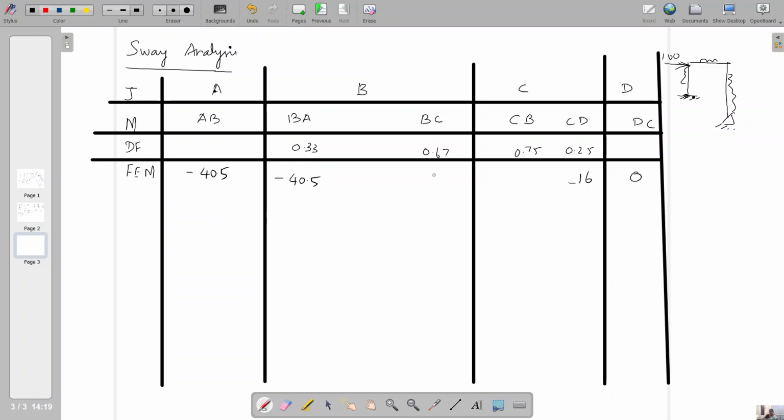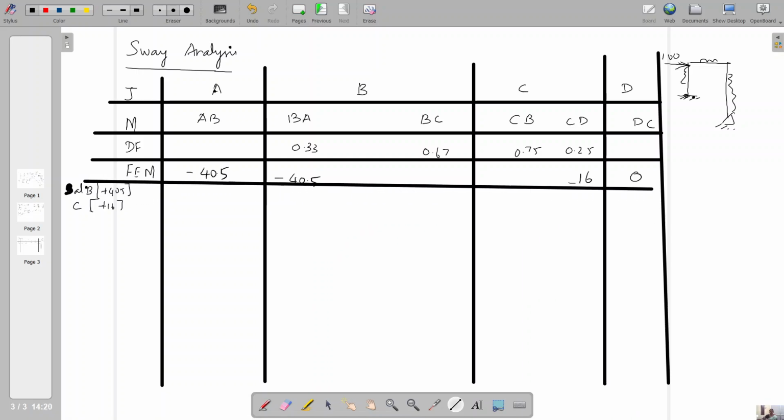So now you consider the joint equilibrium and balance B with the plus 40.5 and C with plus 16 because it is minus 16. The summation of moment at the joint equal to 0. So for the equilibrium condition, we need plus 16.